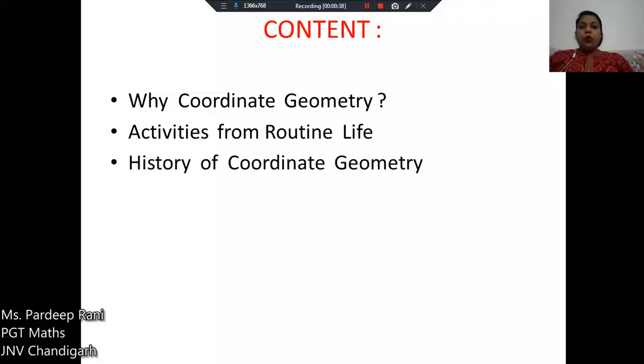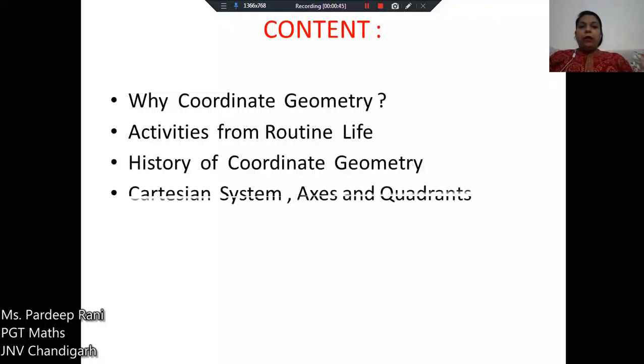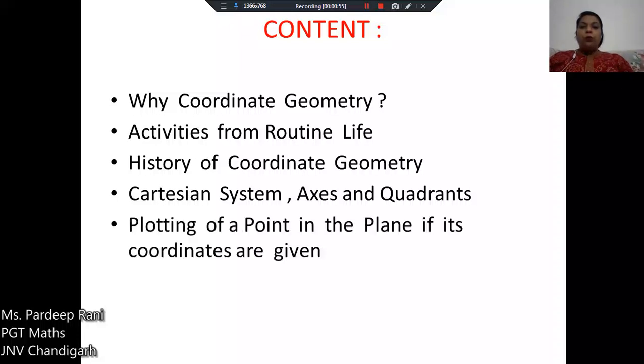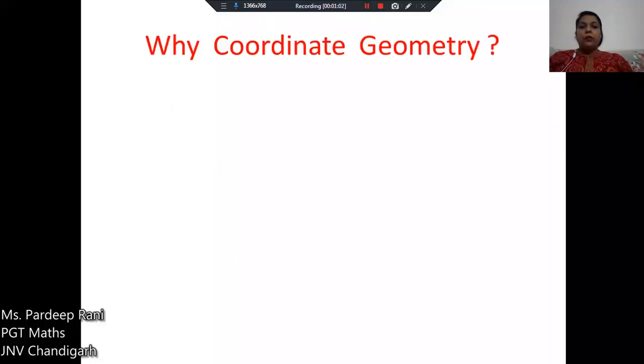We will come to know about the history of coordinate geometry. Then we will learn about Cartesian system, axes and quadrants. And at the last of this chapter, we will know how to plot points on a plane if their coordinates are given to us.